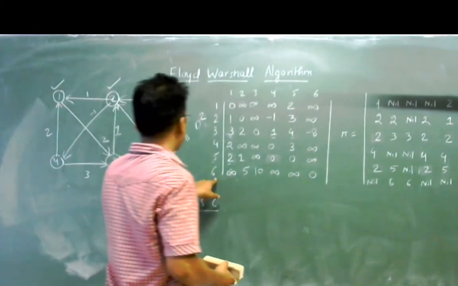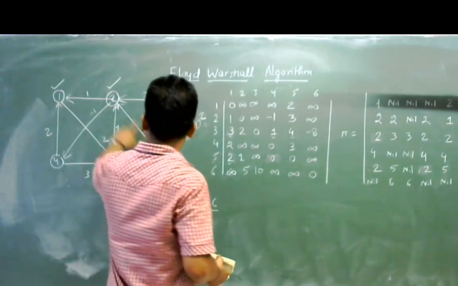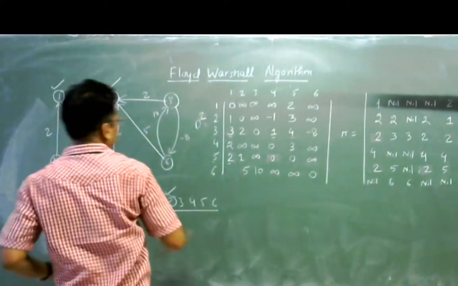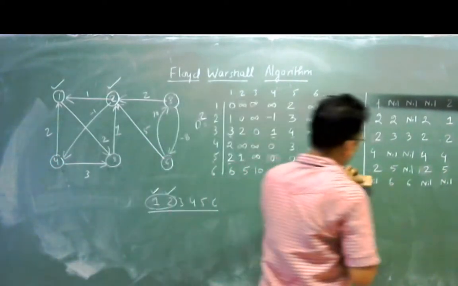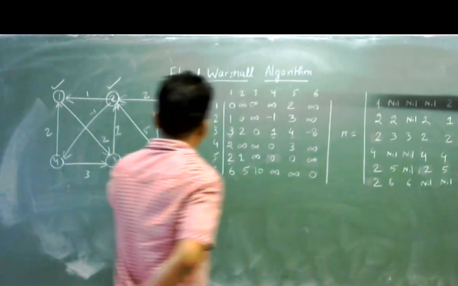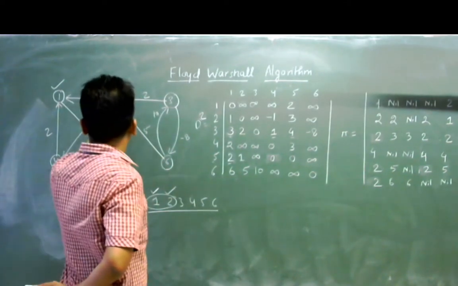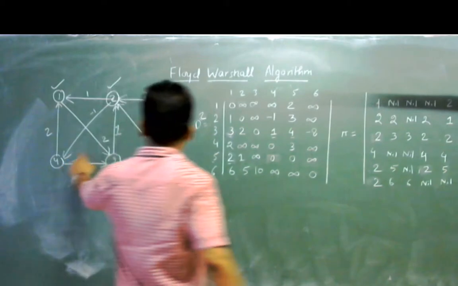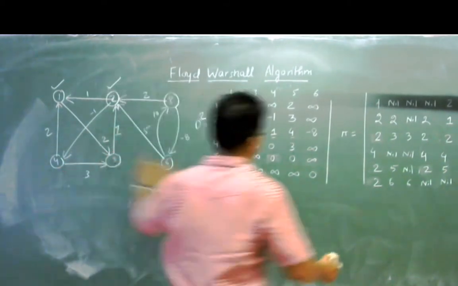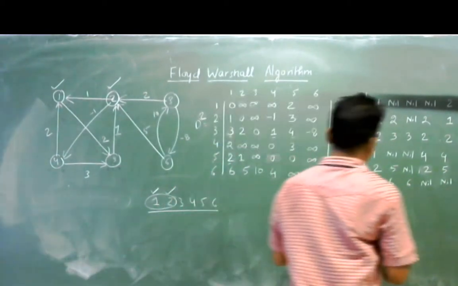Last, node number 6, through node number 6 can get a path to node number 1, 5 plus 1, 6, and it would become 2. And here node number 6 to 4, 5 minus 1, 4. So this will become 4, and 5 minus 1, 4.